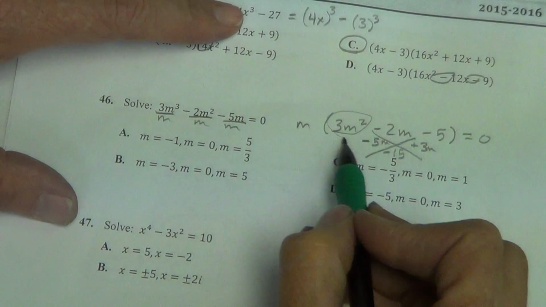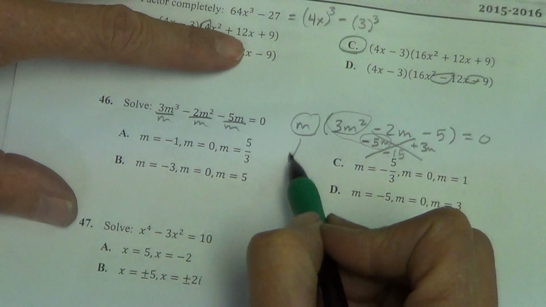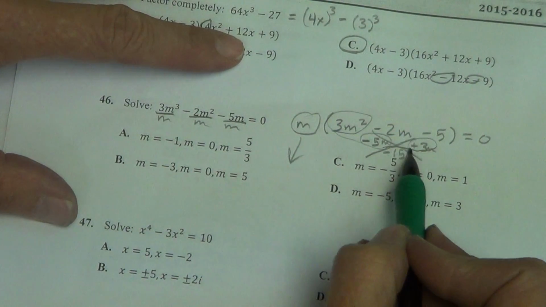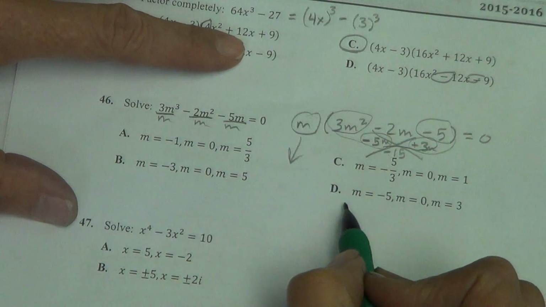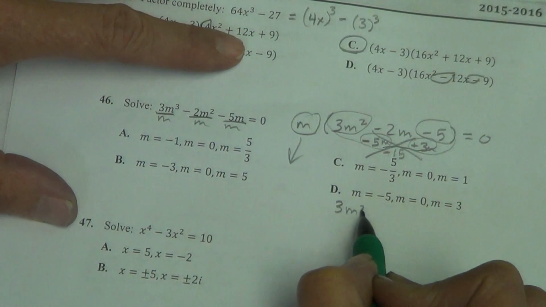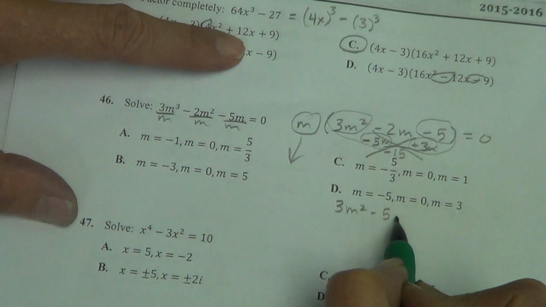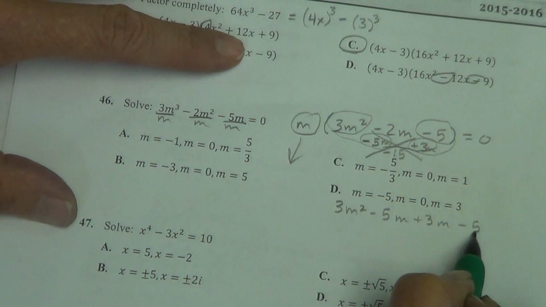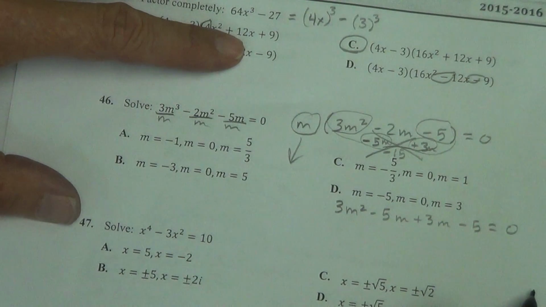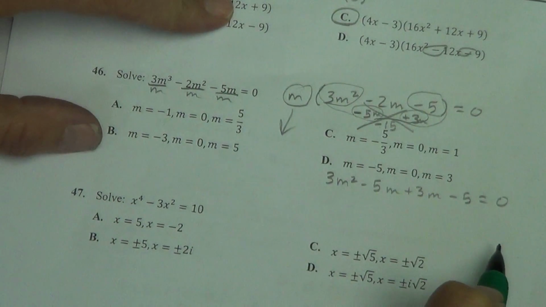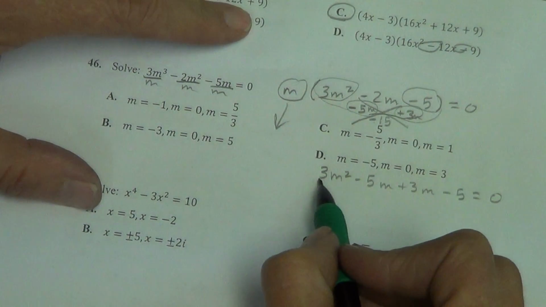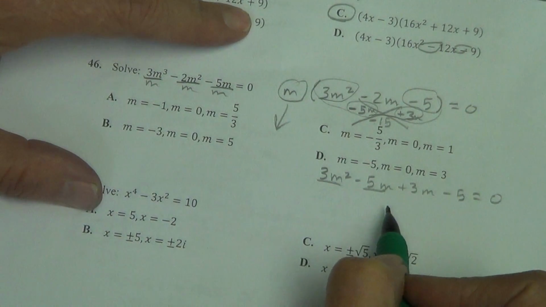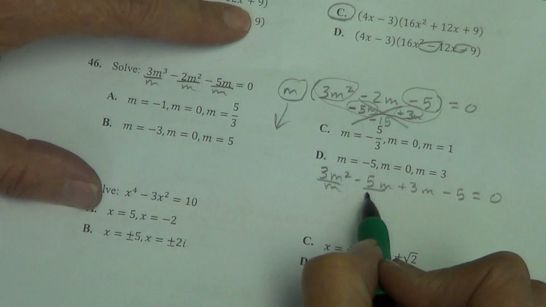We're converting to 4 terms. Ignore this m out here, it'll come into our answer. We use the old man glasses, as you call them. 3m squared minus 5m plus 3m minus 5 equals 0. Underline the first two. m will come out of those.